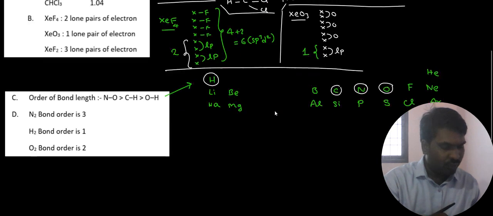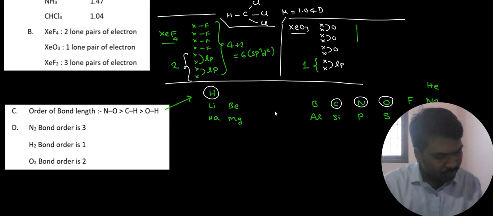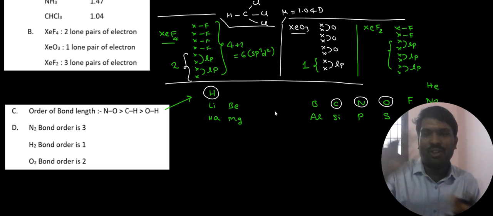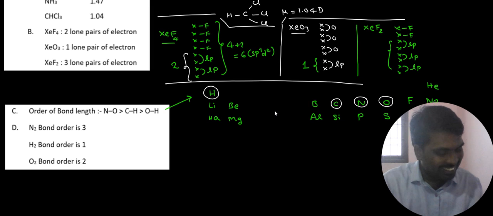Now XeF2. Xenon has 8 valence electrons, and 2 fluorine atoms require 2 single electrons. It is a linear shape. This option was already related in a previous matching question.